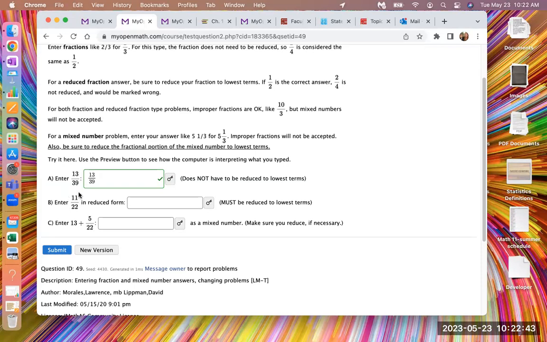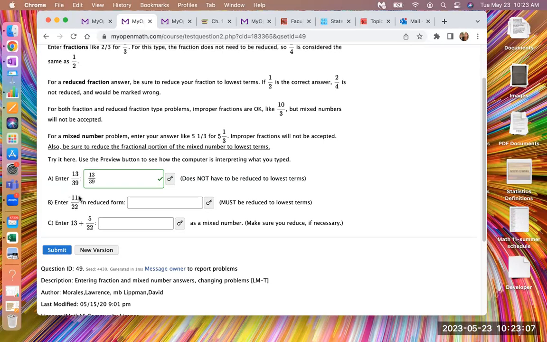Find a number that goes into 11 with no remainder, meaning that you don't get a decimal answer. When you take 11 and divide by a number and you don't get a decimal answer, then you know that 11 divides into that number equally. So you have to find a number that divides into the numerator, 11, and divides into 22. Then you would divide by that number.